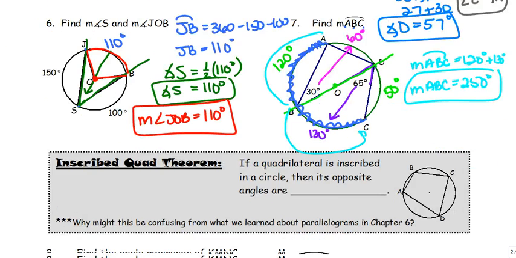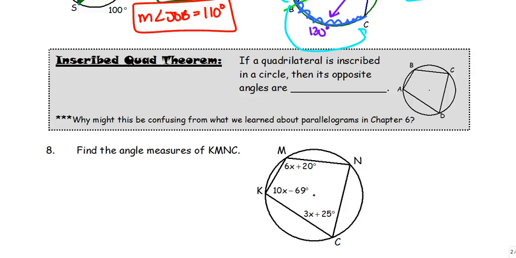Okay, we are almost done. Our last theorem, our inscribed quad theorem. If a quadrilateral is inscribed in a circle, so all of the vertices are going to be on the circle, then its opposite angles are supplementary.